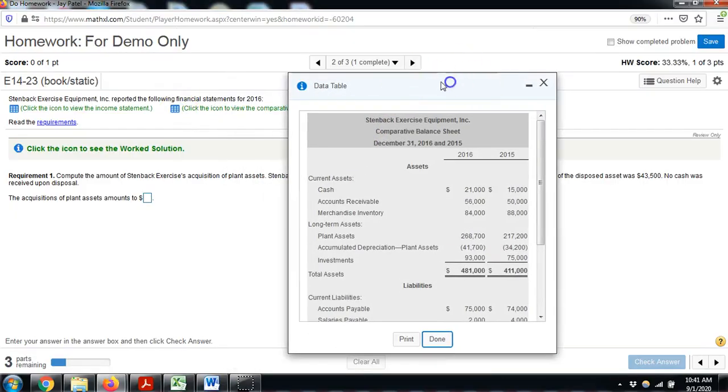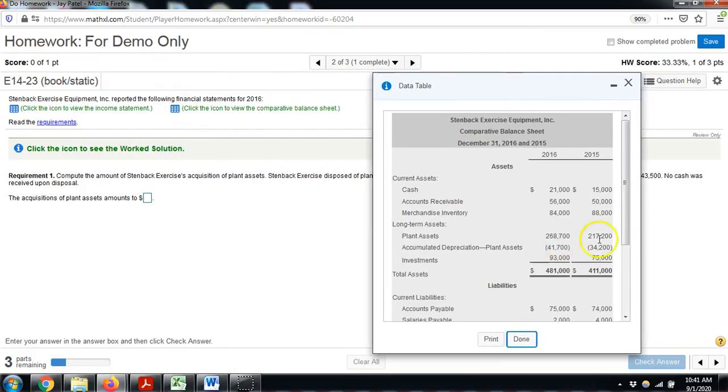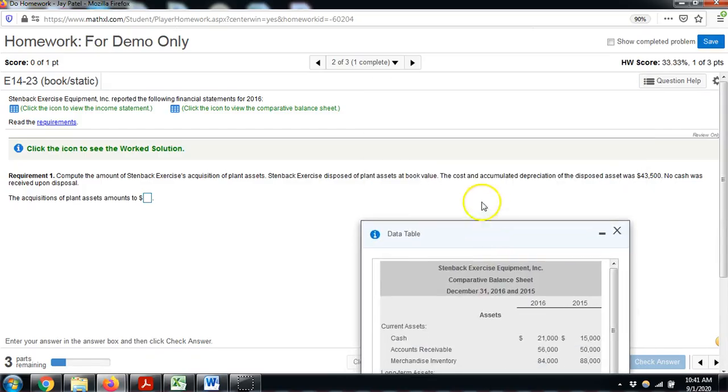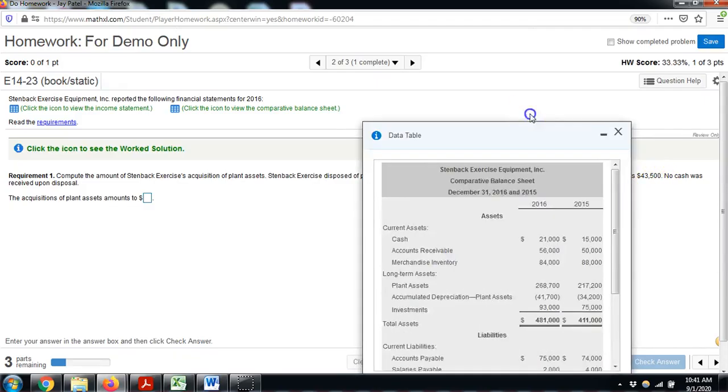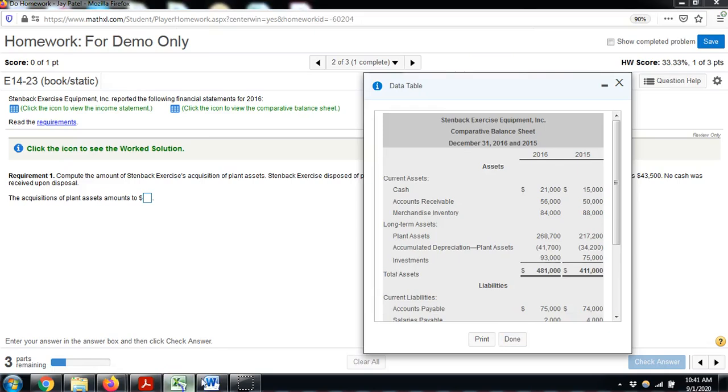So if we open the balance sheet up, we see that we had some activity happen in the plant asset account, and it's telling us that the cost and accumulated depreciation of a disposed asset was $43,500. So let's see how this works out.